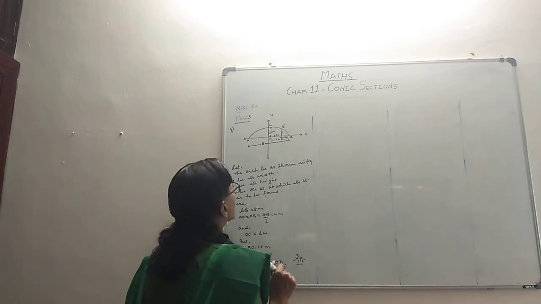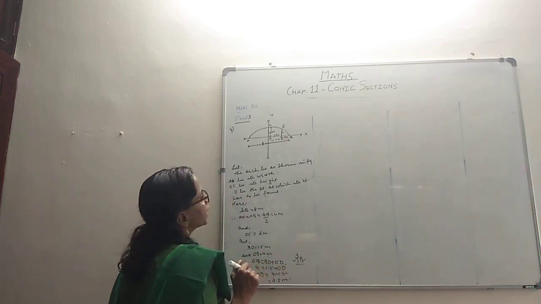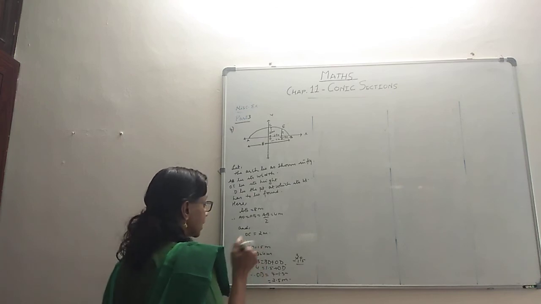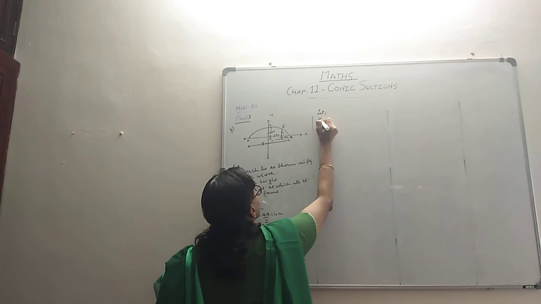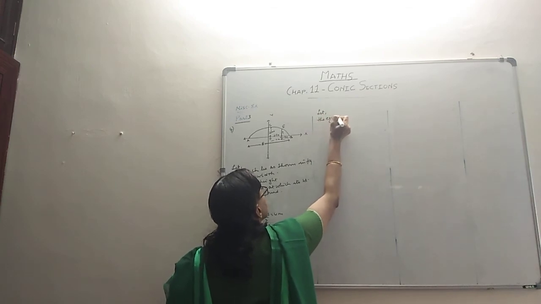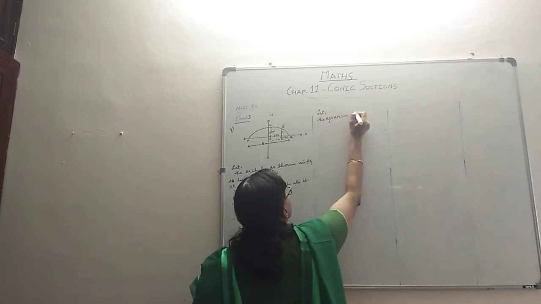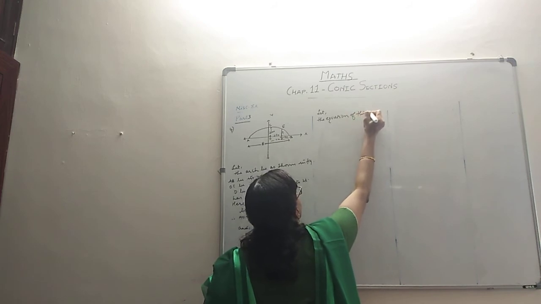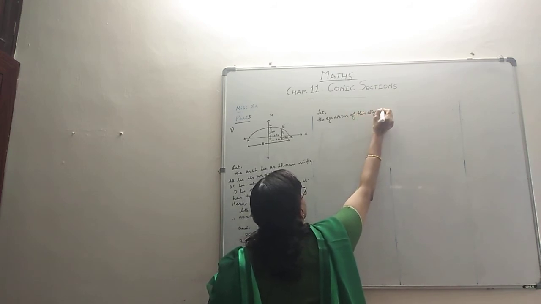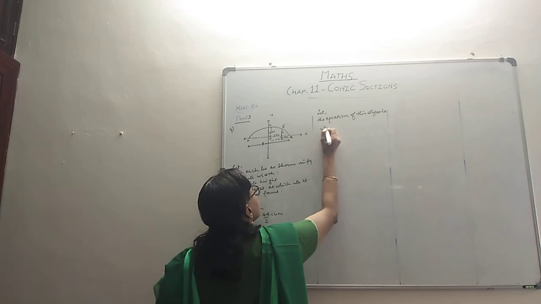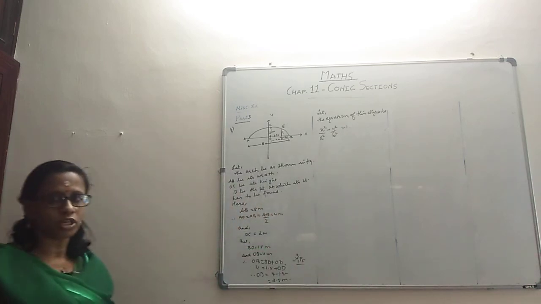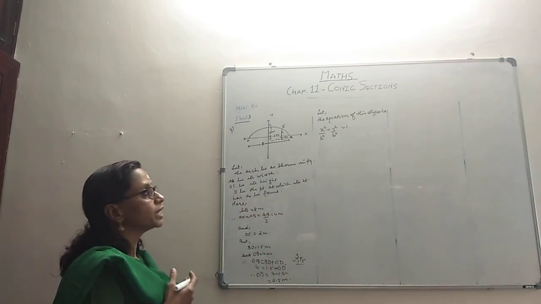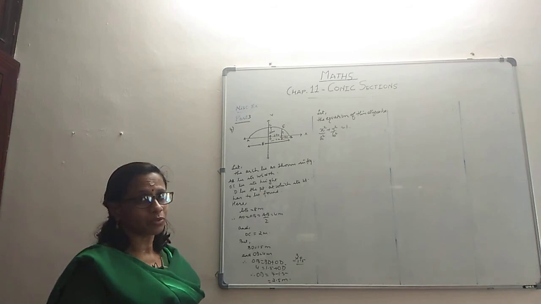Okay, so if we are planning to take up, then we can tell about the equation. Let the equation of this ellipse be x squared by a squared plus y squared by b squared equal to 1. Now we have to find out what a and b are. With the data given to us, we are able to predict a and b.